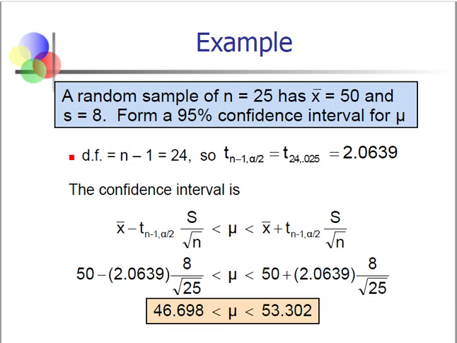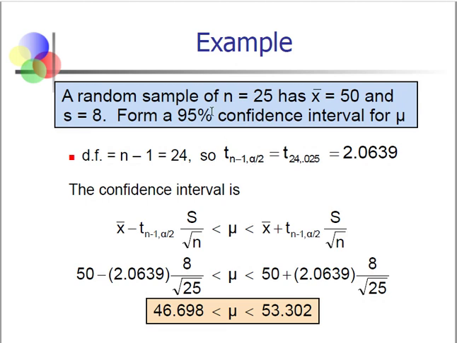So what do we find here? The degrees of freedom will be n minus 1, which is 24, and the t value is t n minus 1 comma alpha over 2. We're looking for a 95% confidence interval, so what is our alpha? Our alpha is 1 minus 0.95.